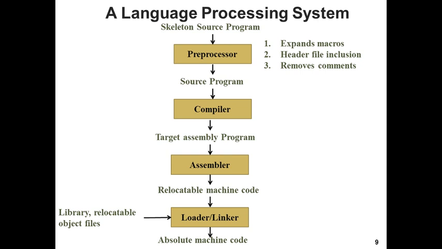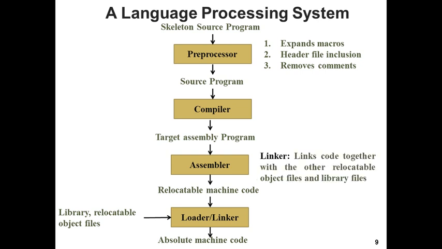Then this modified source program is given to the compiler that will generate the assembly program. Next it is given to the assembler, which generates the relocatable machine code.